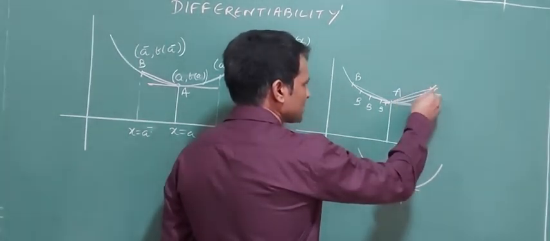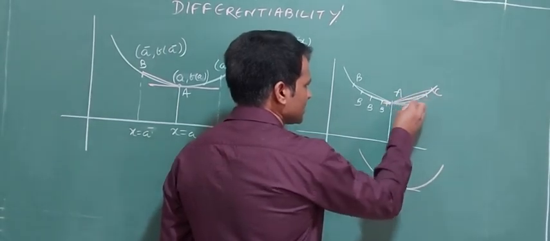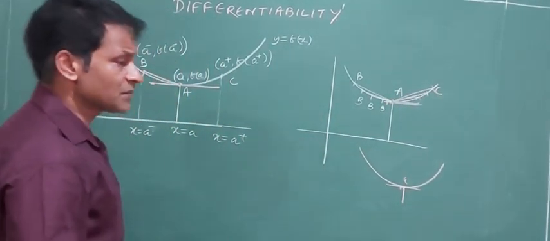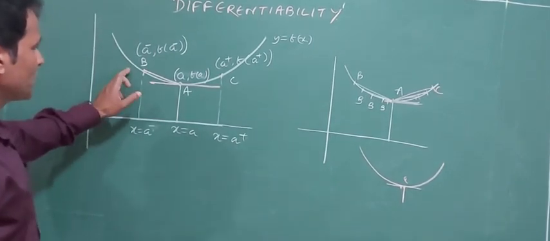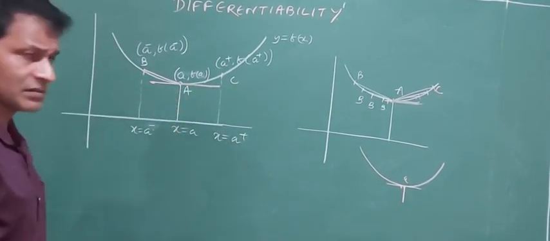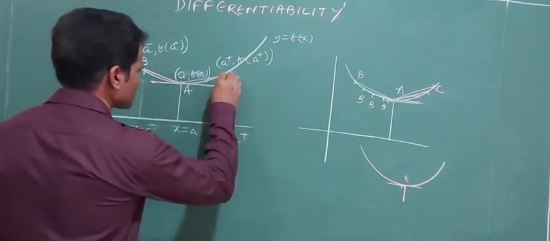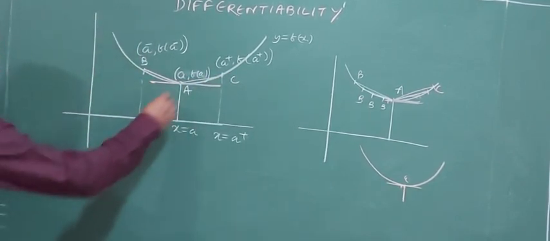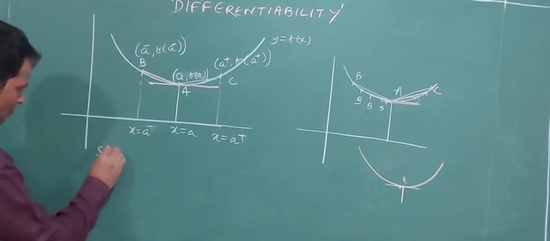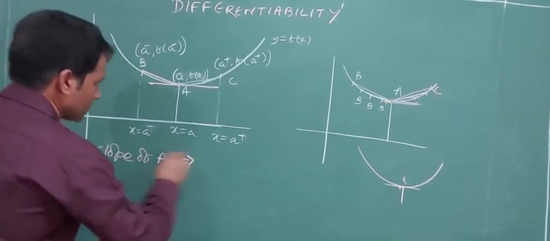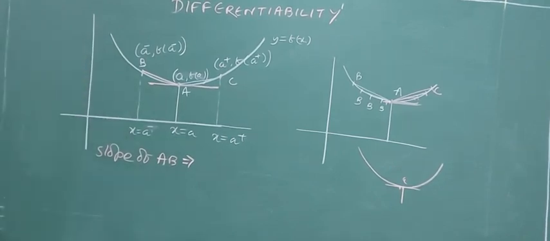Slowly it becomes a straight line equal to the tangent at the point A. That is why in the books B approaches A and C approaches A. That means I like to find the slope of AB. Slope of AB is equal to what?